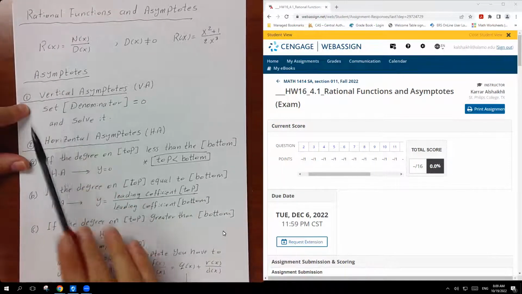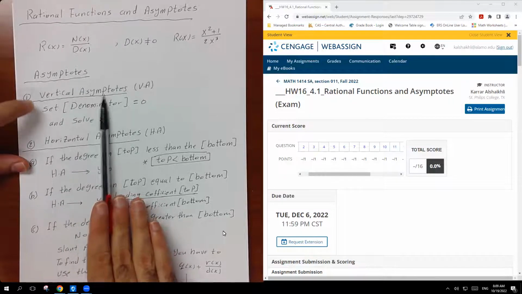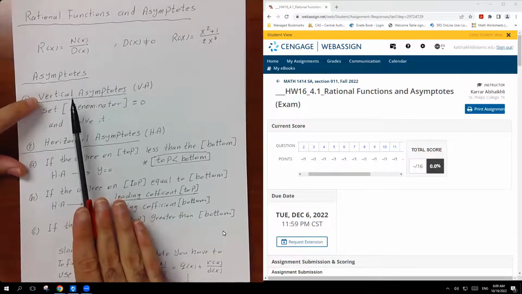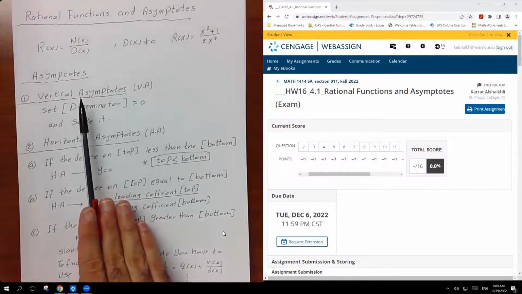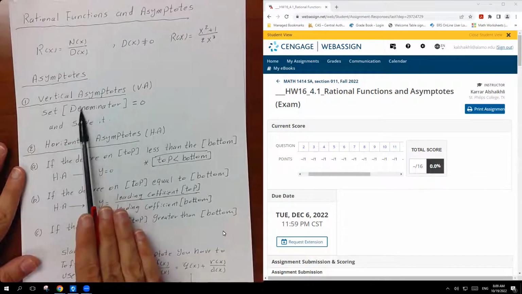So the first asymptote is the vertical asymptote, and it's a vertical dashed line. That means the function is going to be undefined on this asymptote.